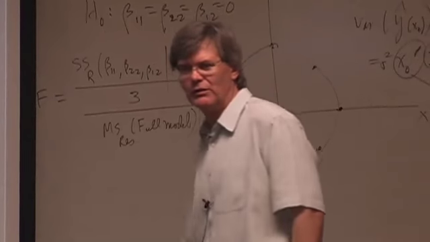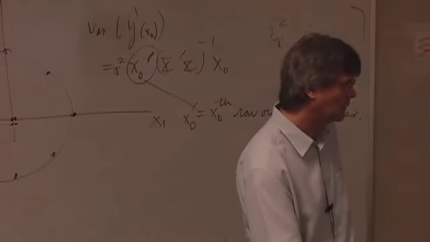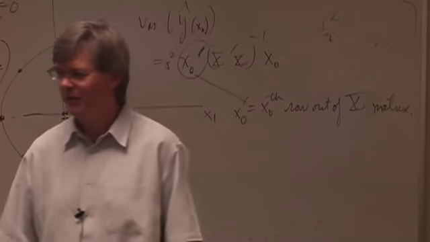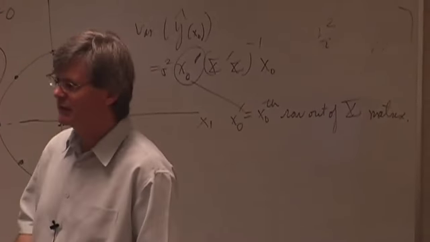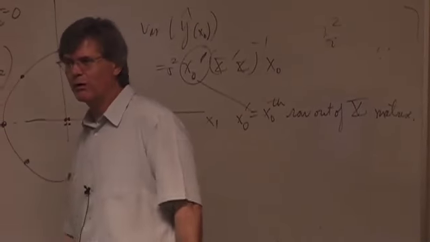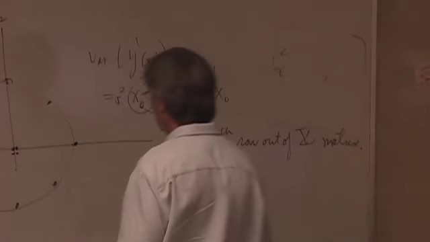It has 3 and 6 numerator and denominator degrees of freedom because MS res had 6 degrees of freedom over here. There it is. You can just read it from the table. Of course, you should know how to calculate that. How many parameters did I have? I had a total of 1, 2, 3, 4, 5, 6 parameters. And how many observations did I have? Well, you could count them here.